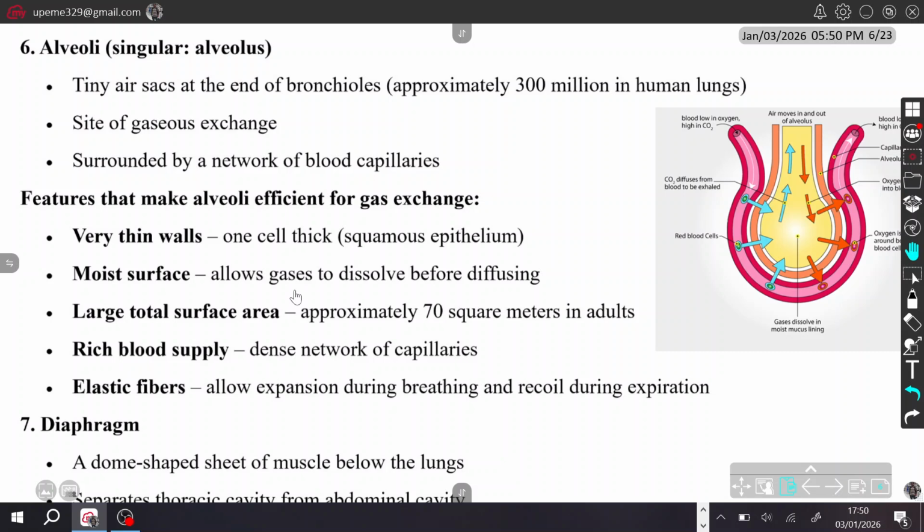The alveoli have a large surface area, approximately 70 square meters in adults. Then rich blood supply, a dense network of capillaries. Then another one is elastic fibers, which allow expansion during breathing and recoil during expiration. All right, so this is it.